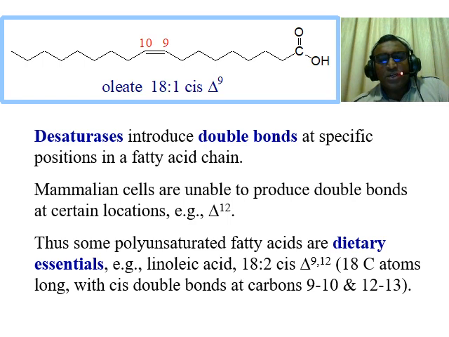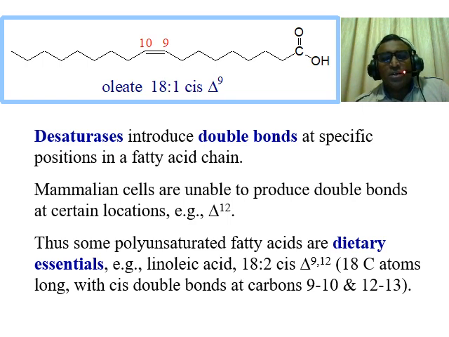This desaturation takes place in the membrane of the smooth endoplasmic reticulum. So once the elongation takes place in the smooth endoplasmic reticulum, it then moves to the membrane to cause the double bond to be formed.